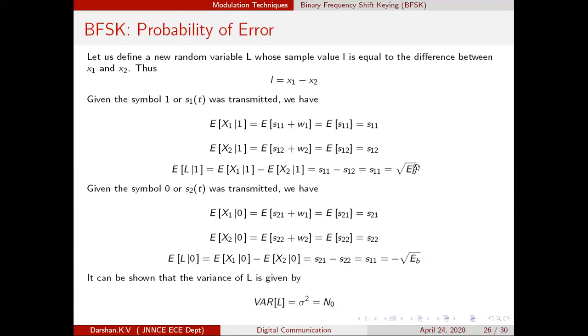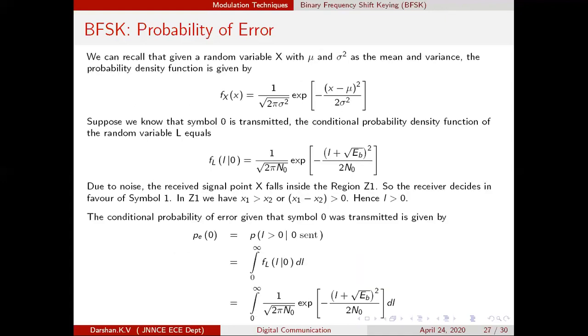So three things to remember in this slide: the mean of L when symbol 1 has been transmitted, the mean when symbol 0 has been transmitted, and the variance. These three lines should be properly written. Then we need to calculate the probability of error. While obtaining the expression for the probability of error, many times I am saying you should have the probability density function.